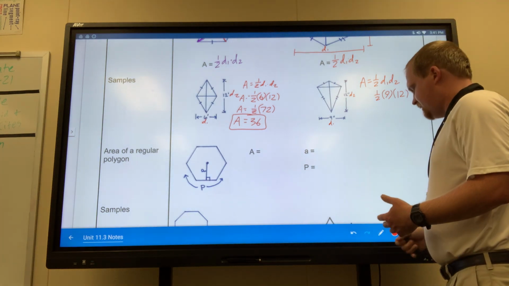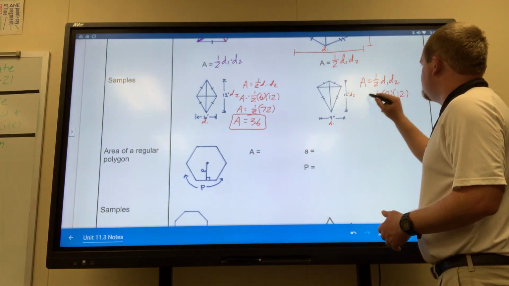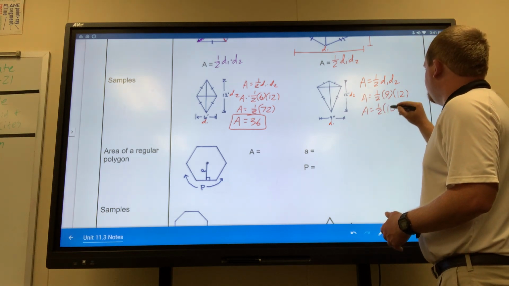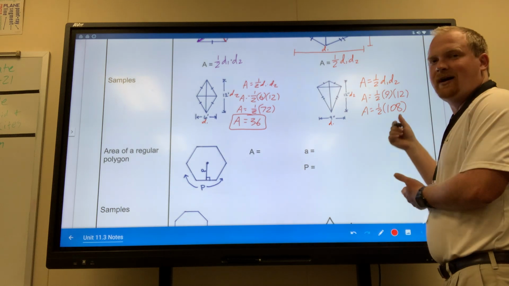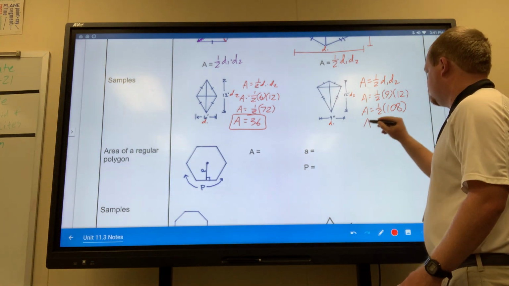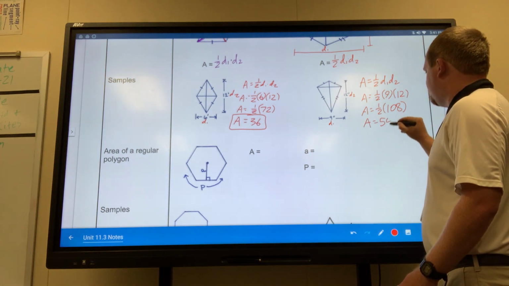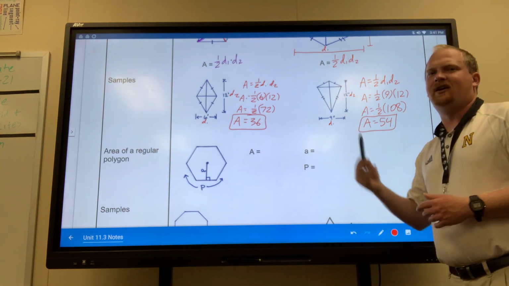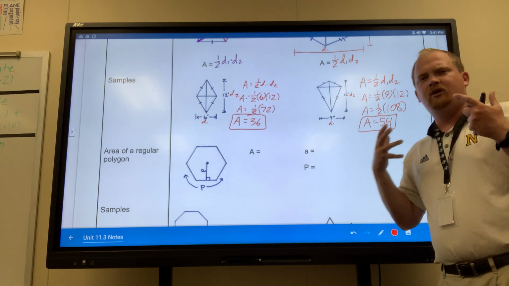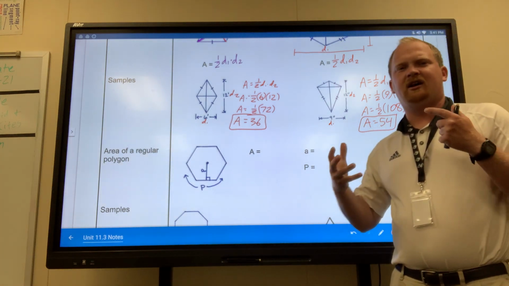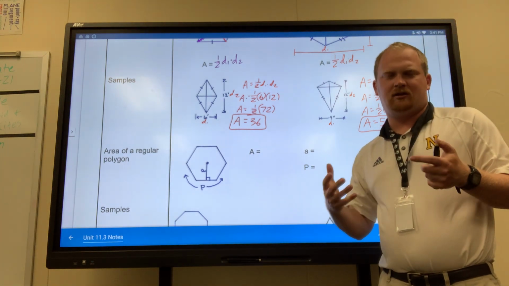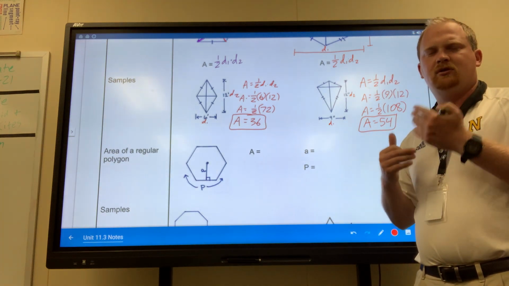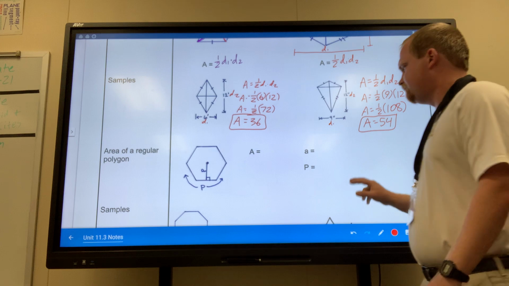So I multiply 9 and 12 to get 108. I divide 108 by 2, I get 54. So that's how I find the area of that kite. So really the area of both a rhombus and a kite are basically the same thing. They're the same formula. We just gotta be able to find the diagonal of those figures.